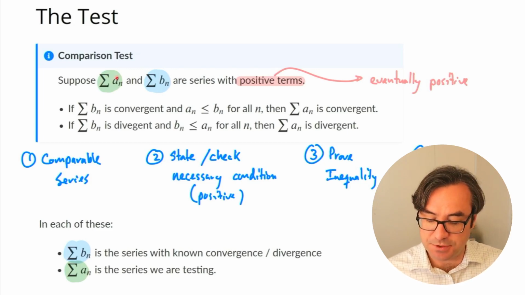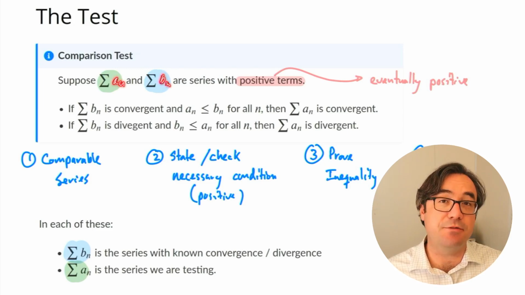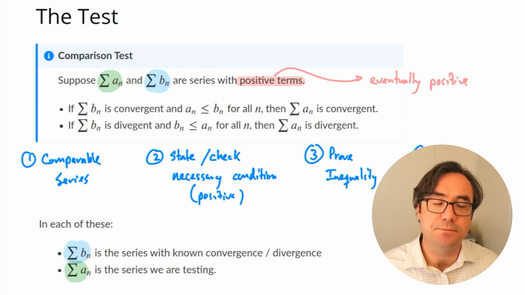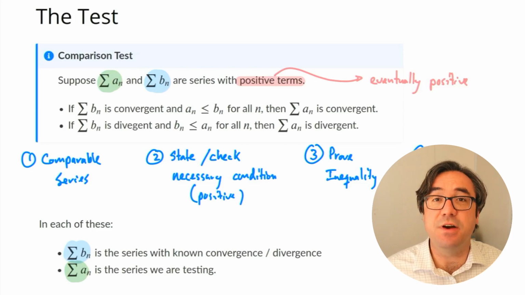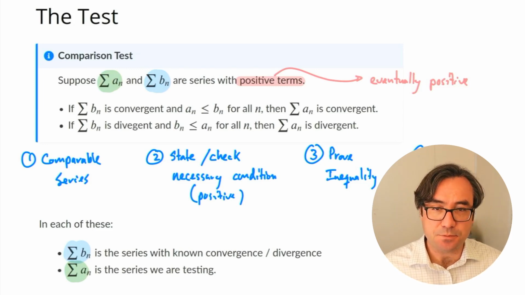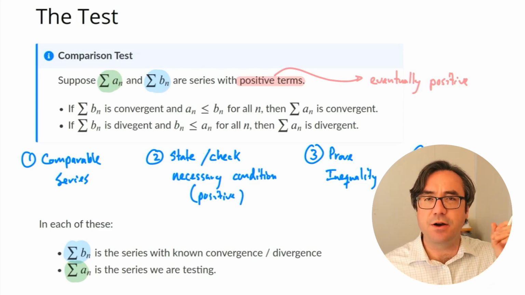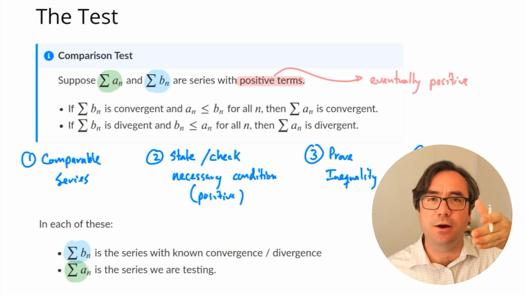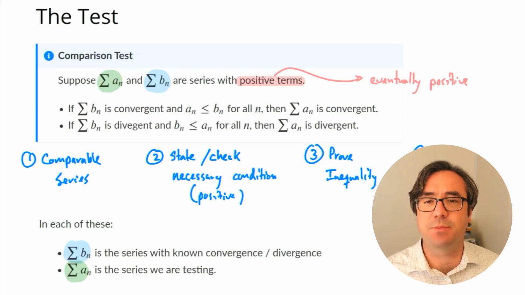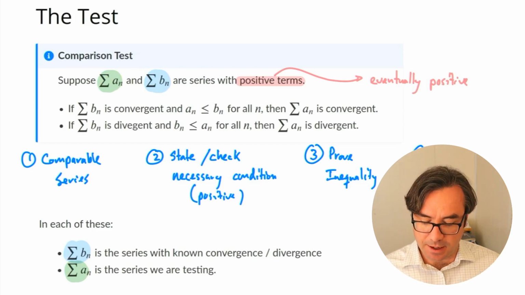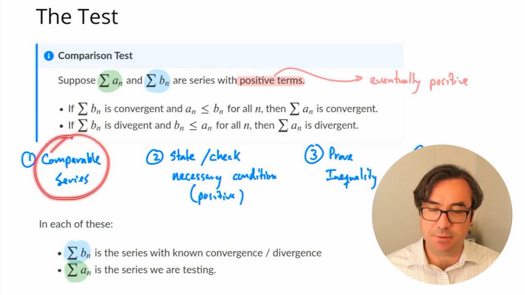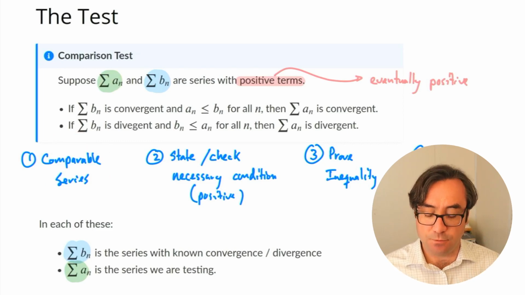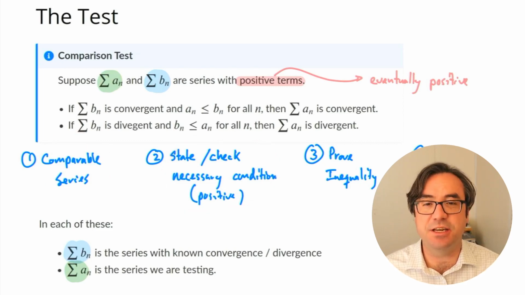So all the terms, an and bn, have to be positive or at least eventually positive. If we go far enough in the list of terms, eventually we hit a point where from then on, all the terms are positive. So we find our comparable series and we check our necessary condition.